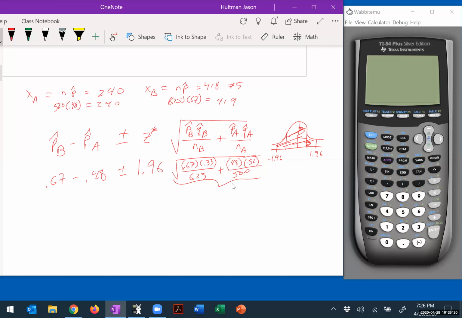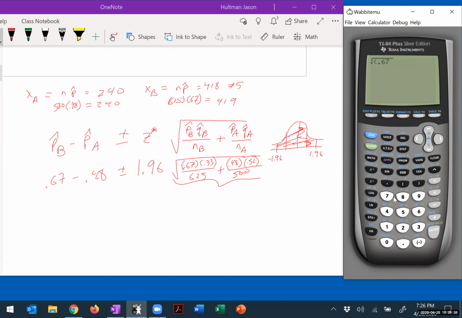So I'm going to get what's under the square root first. I'm going to put in a couple of parentheses.